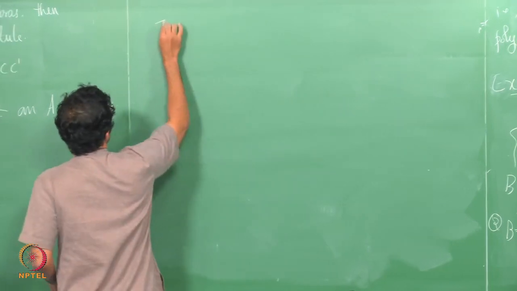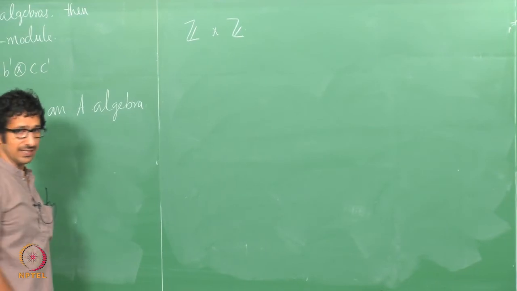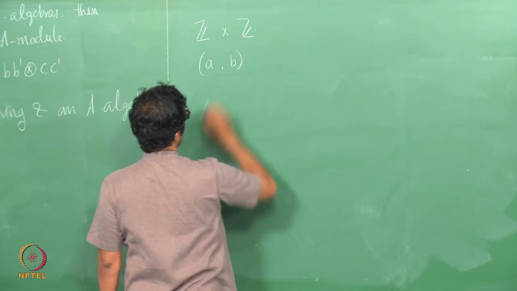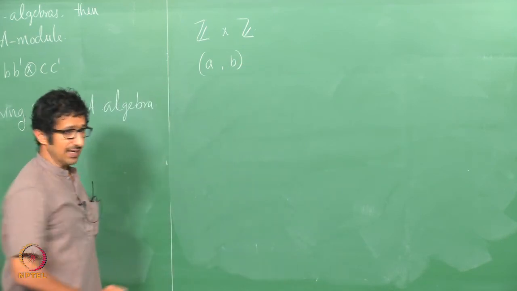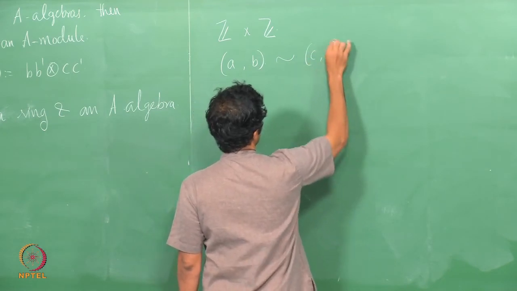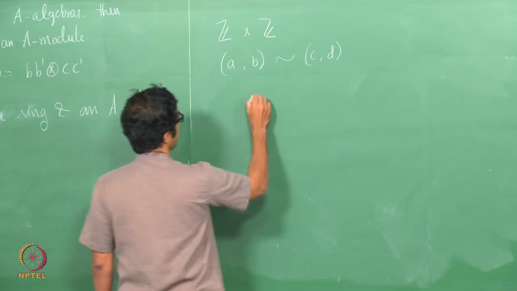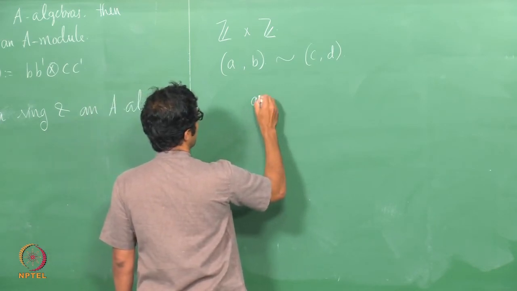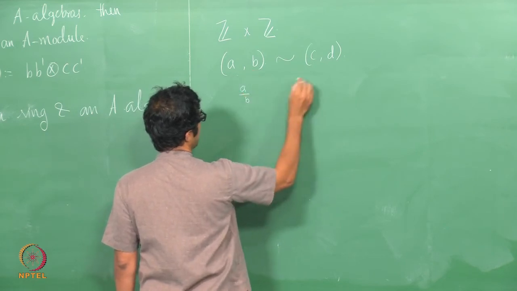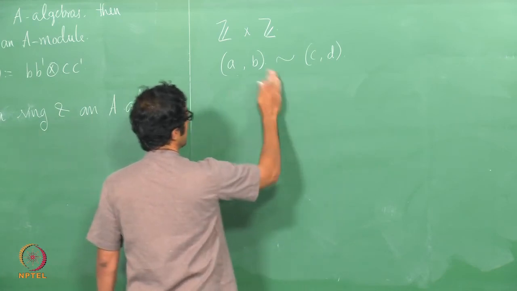We look at this set Z cross Z. I take some A comma B, and I say that this is equivalent to C comma D if, so with this I have in mind A by B and this is C by D. When do I say these two are equal?